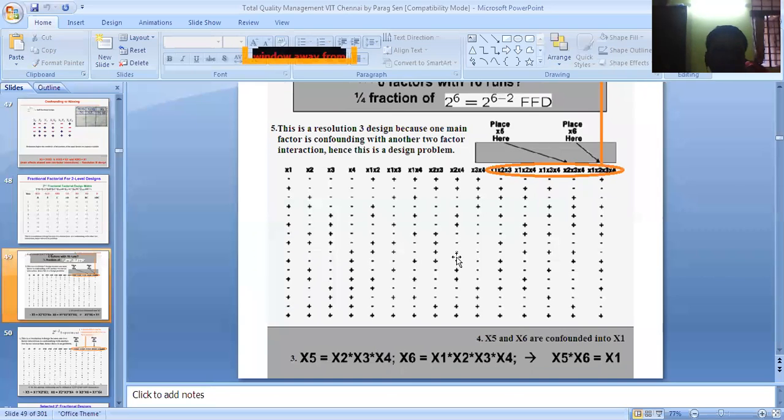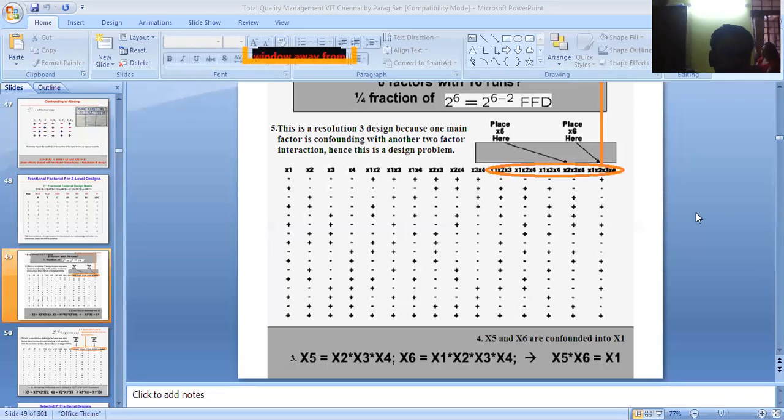But you don't need to know the details, the mathematical processes of the 3-level design or the higher level design. You just need to know how to use the Minitab software. I will show you later on, or I will provide you the link, how to perform the fractional factorial design that is actually required for you.